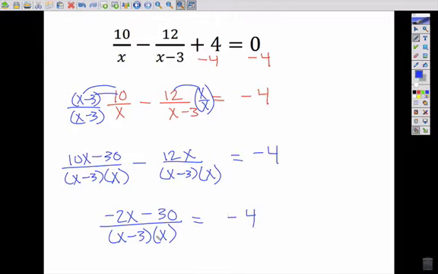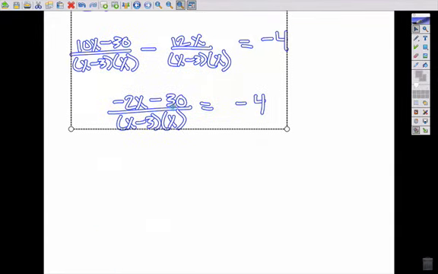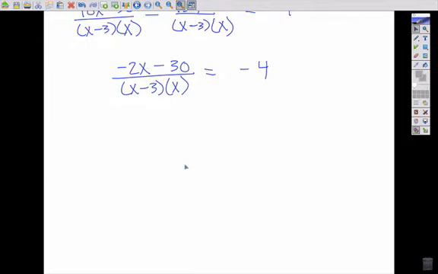Now at this point, do not distribute this, okay? It's going to be easier when we solve it if we just leave it in factored form, okay? All right. Now at this point, I'm going to use cross products. So I'm going to make this into a fraction over 1, and then I'm going to multiply the numerator by this denominator, and then I'm going to multiply these two.